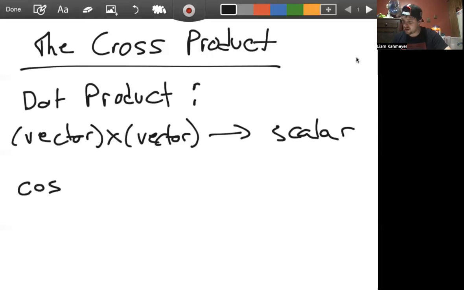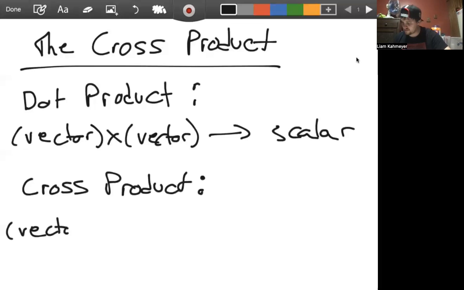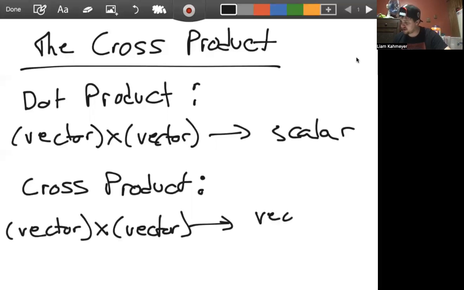We're going to define a new operation called the cross product, where the input is again two vectors. So we have a vector cross a vector. And the output this time is going to be a vector.